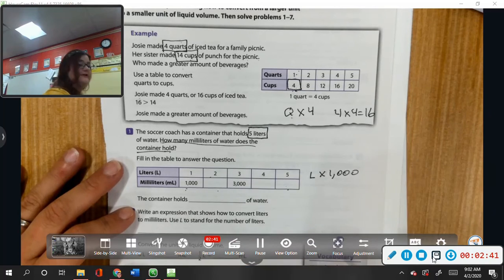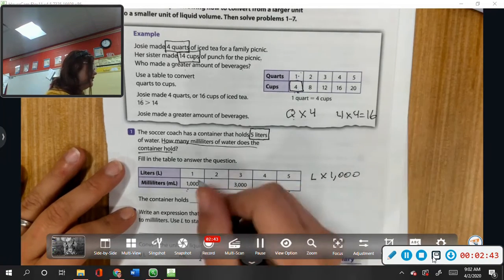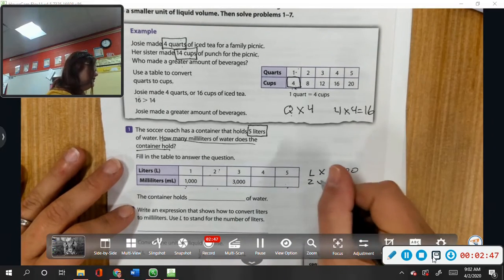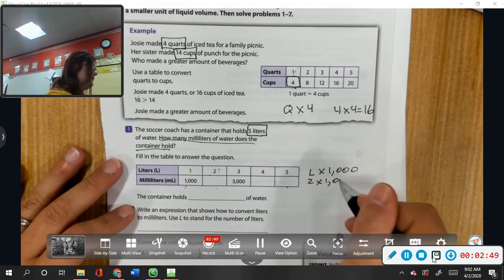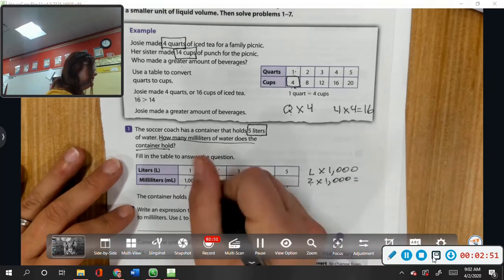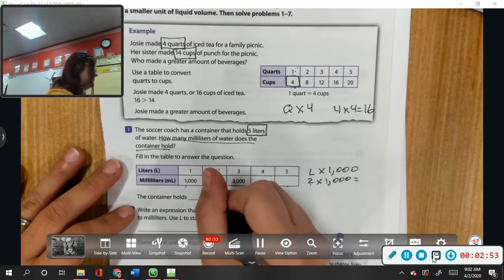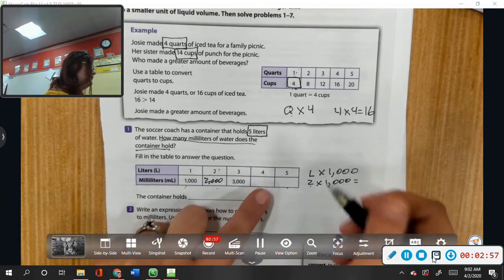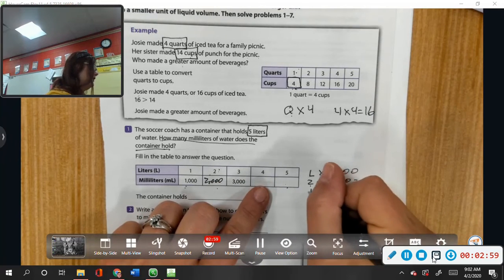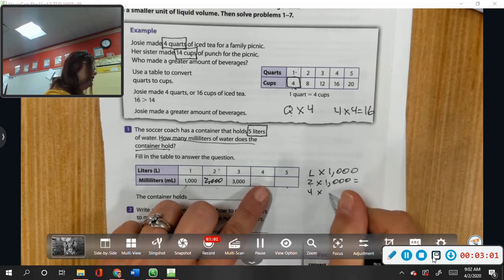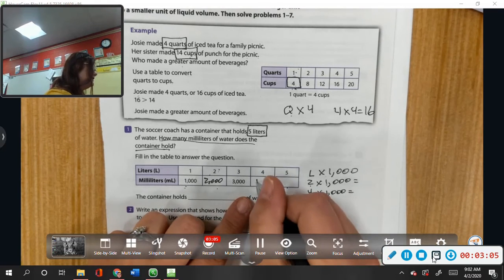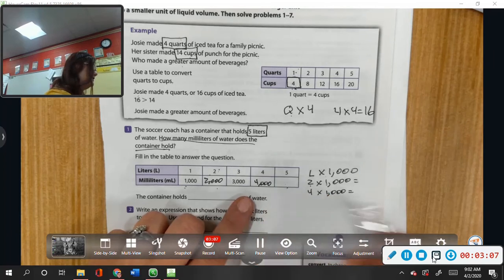Well, let's start finishing this table up, okay? We're going to input 2 as our liters, and we're going to multiply that by 1,000. 2 times 1 is 2, and we have 3 zeros. We already have it for 3. So let's do 4, input 4 into our formula. 4 times 1,000 equals 4 times 1 is 4, and we have 3 zeros.